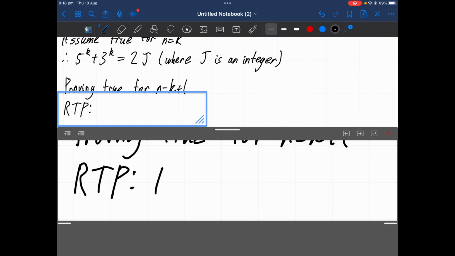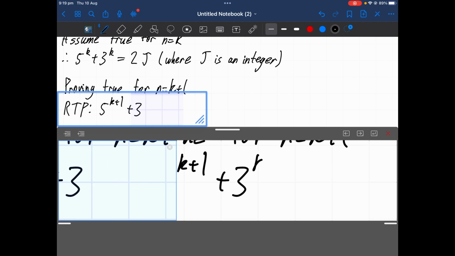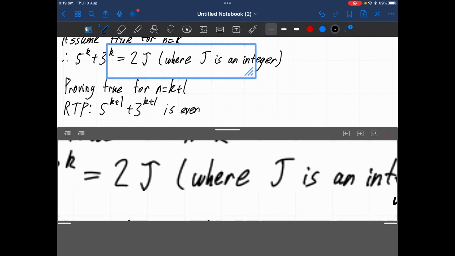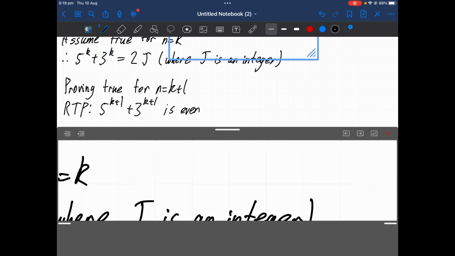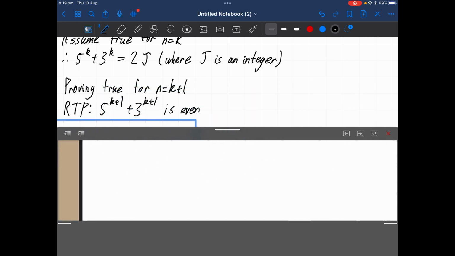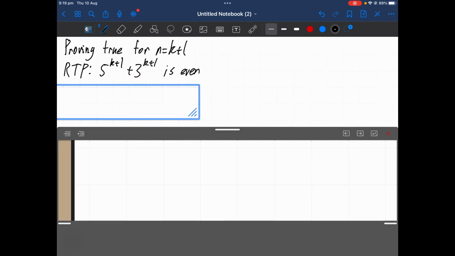Okay, so we're trying to prove that 5^(k+1) + 3^(k+1) is even. Okay, because we're going to do this 2 times some letter for an integer step later on as well. We don't need to specify another integer here. Well, it's going to be annoying to keep track of letters.